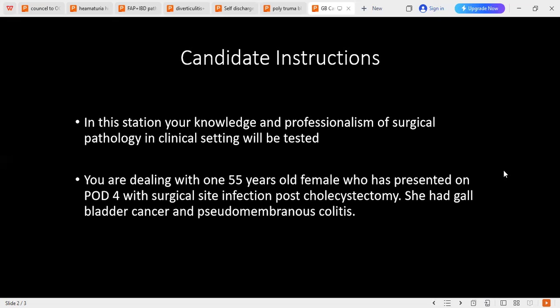If there is a possibility of surgical site infection, I would open the wound and take a swab from the discharge. I will further wash the wound and allow the wound to be drained. Would you leave the wound open? I will leave the wound open, and I will commence giving this patient antibiotics.